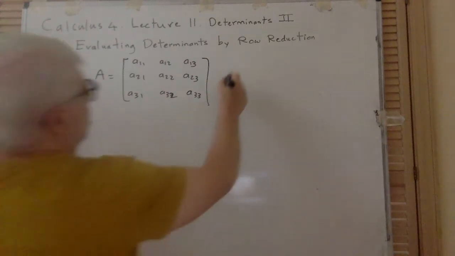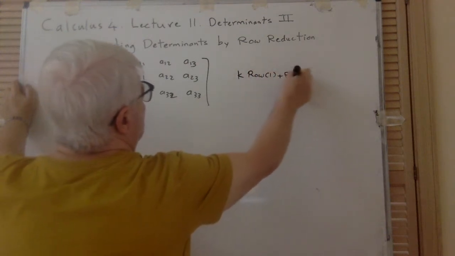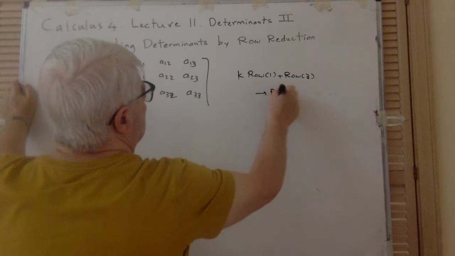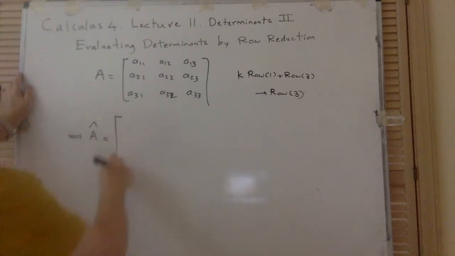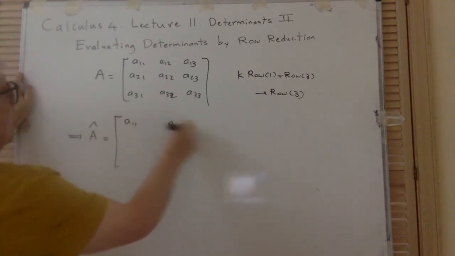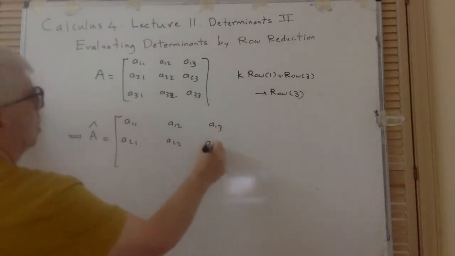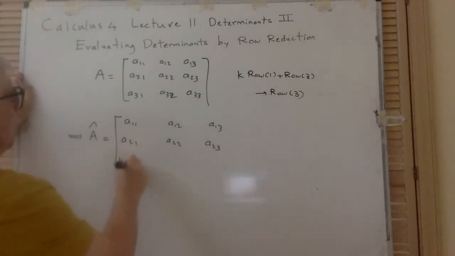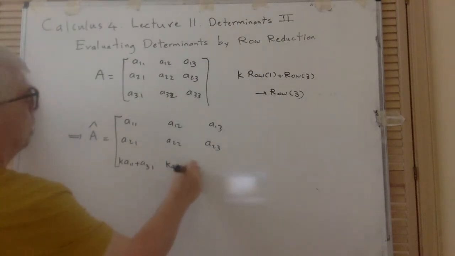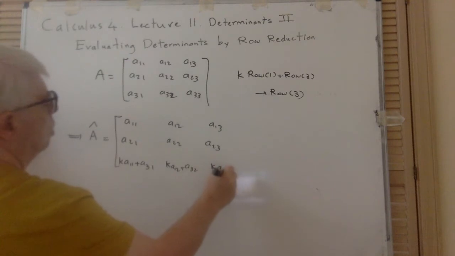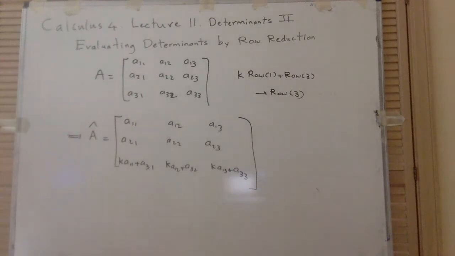Say k times row 1 plus row 3 goes to row 3. This gives me this matrix A hat. The second row doesn't change. The third row will be k A11 plus A31, k A12 plus A32, k A13 plus A33, right?